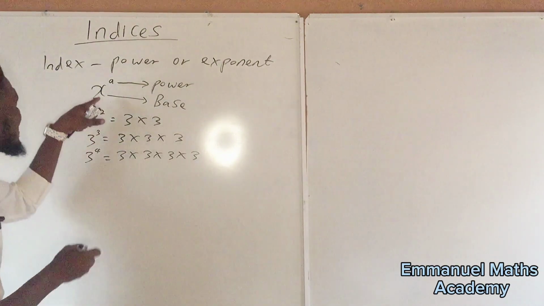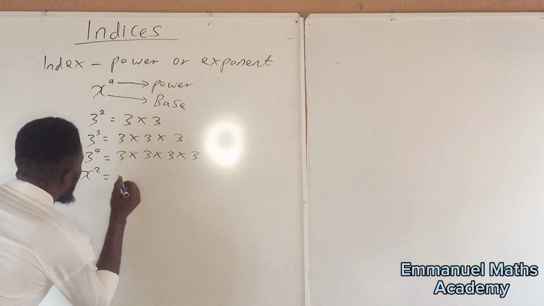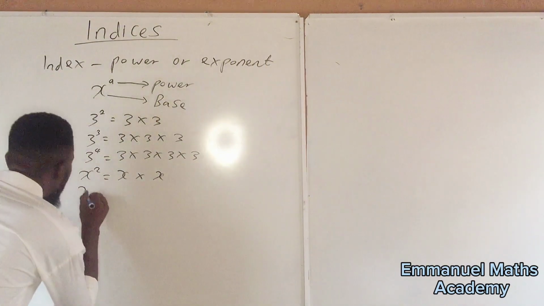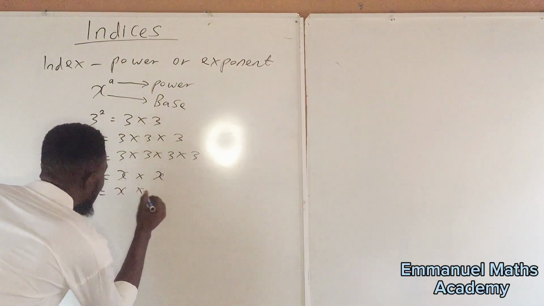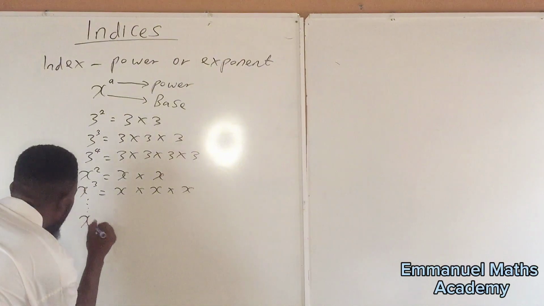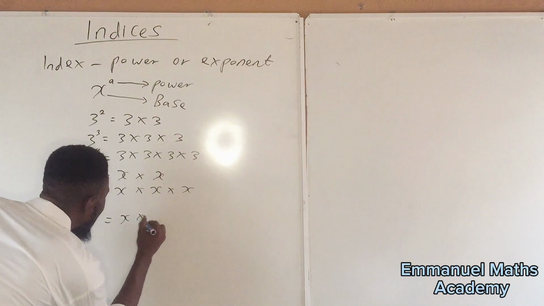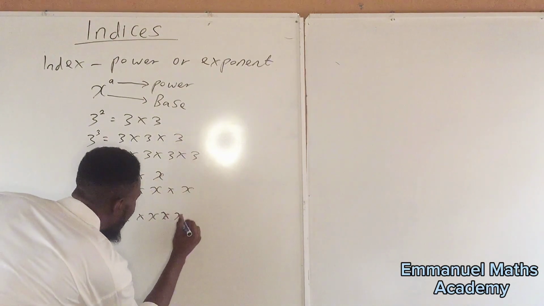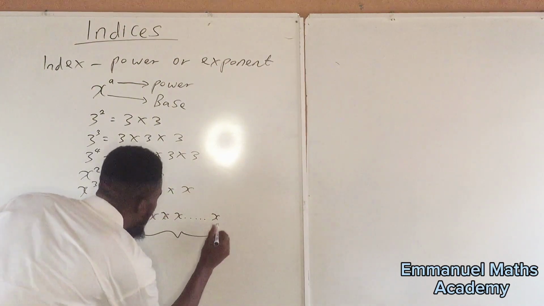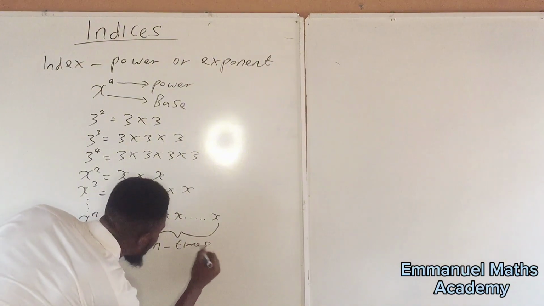That means if you are given x raised to power 2, it means x times x, right? x raised to power 3, x times x times x. If you continue like this, if you have x raised to power n, it means x times x times x to n times. We call it n times.